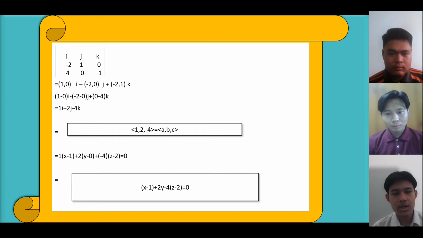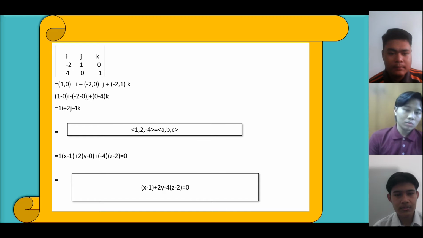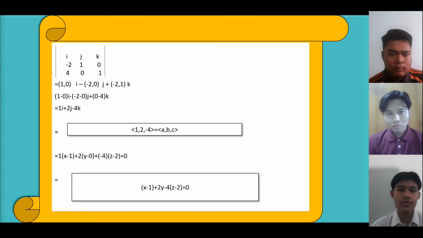So -2 multiply 1 then minus 4 times 0. And then we close the line for K. Then we get -2, 1, 4, 0. After we multiply it, we get this answer -2 and 1 for K.